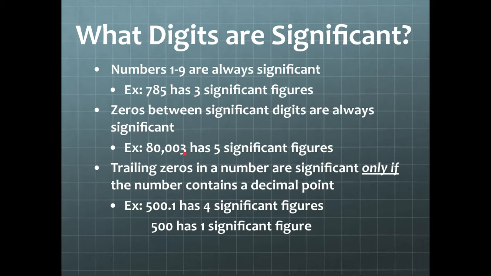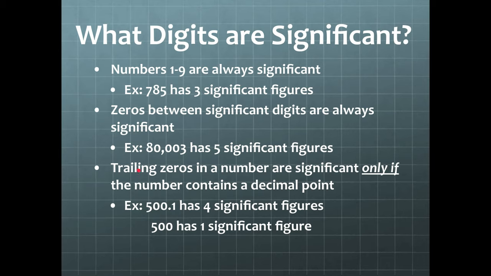So the zeros in between are always significant. Therefore, 1, 2, 3, 4, 5 significant digits are found here. You could also call them significant figures. Sometimes scientists get a little clever and shorten it to sig figs, which is just an abbreviated way of saying significant figures.